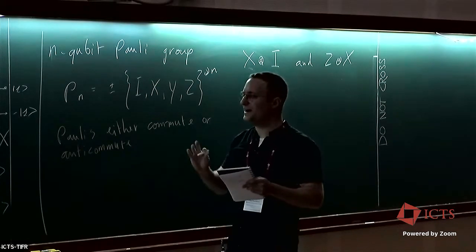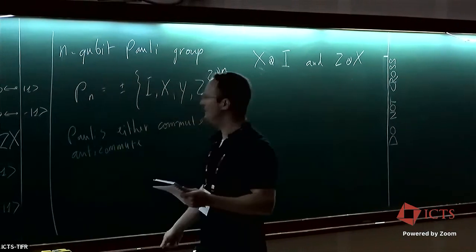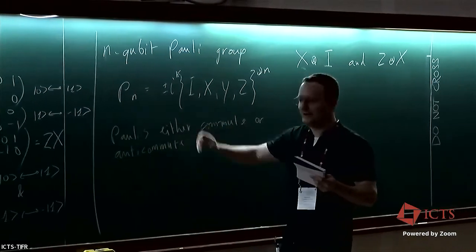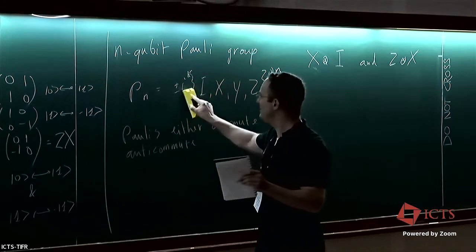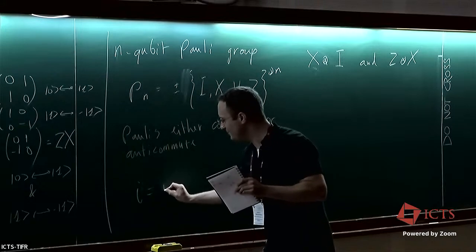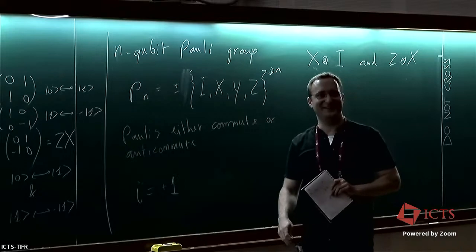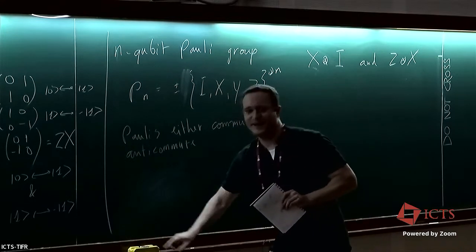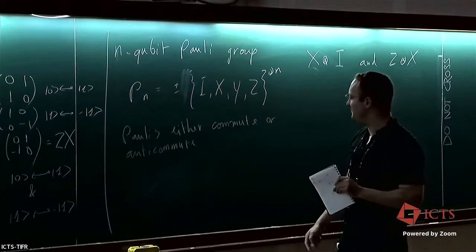I tried very hard to get rid of this i. Yes, you could have some i to the k here, but for the rest, it doesn't really matter for my talk. So you can quote me on this, i equals +1, and it will, oh, I see a lot of very angry faces. Okay, let me erase it. I can omit all the i's, it doesn't matter for all purposes in my talk.